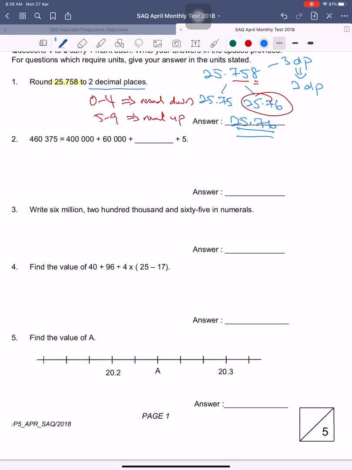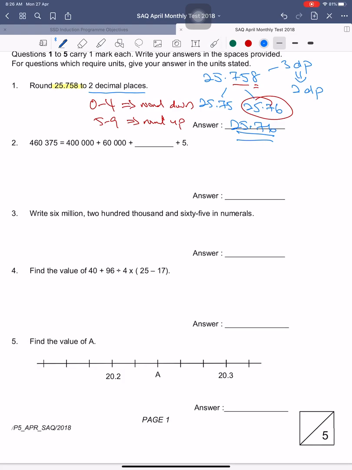Okay, question number 2. 460,375. Find the missing number. Like what I told you, you work out this part first. You add the numbers: 400,000, 60,000, 5. So you get 460,005.